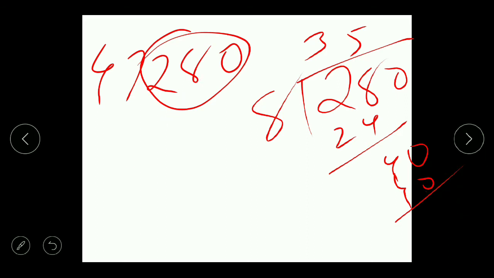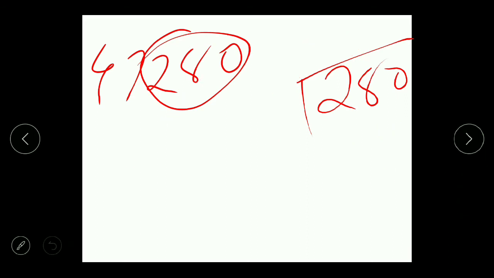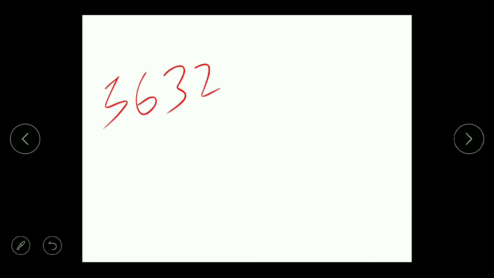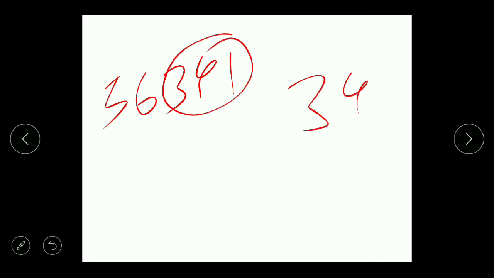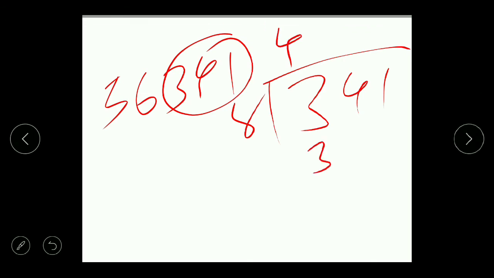Okay, then next example, 5 6 3 2 3 4 1. So let's check the divisibility of the last 3 digits, that is 341, by 8. Okay, so in 34, how many times? Yes, 4 times, 4 into 8 is 32. Remainder 2.